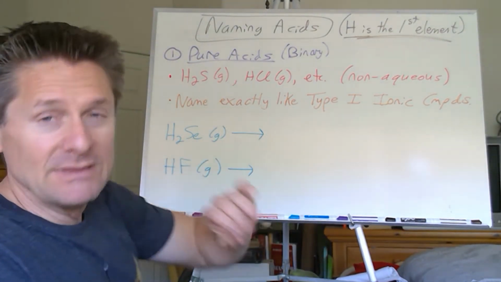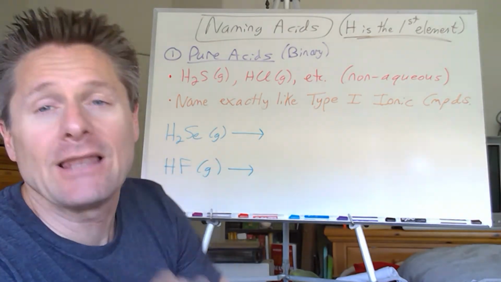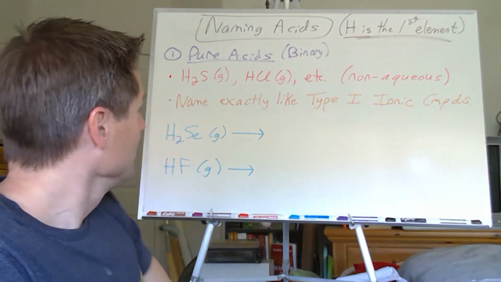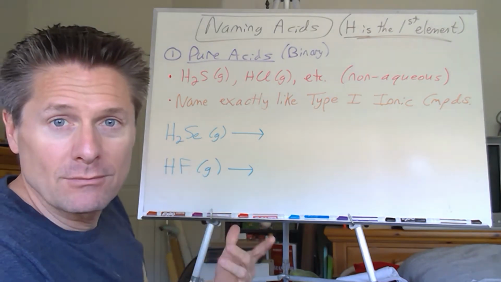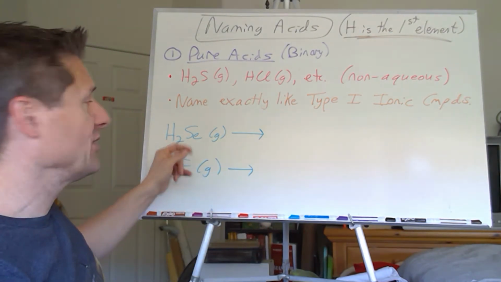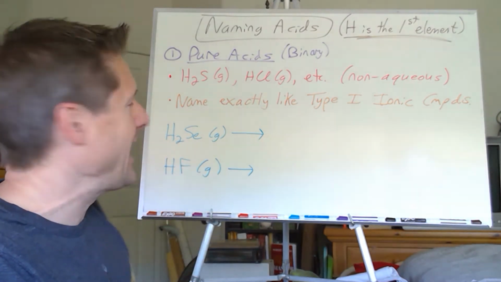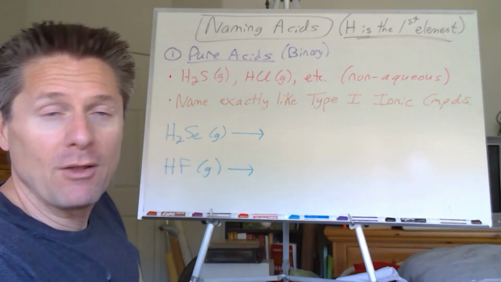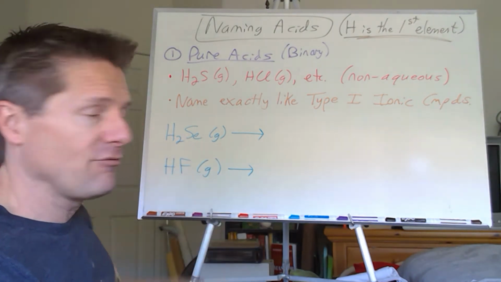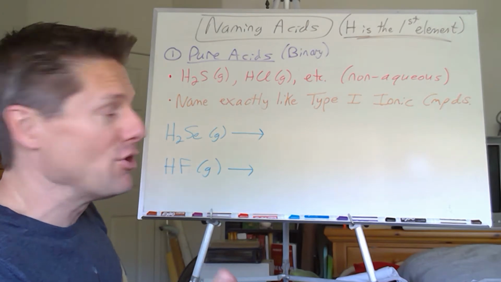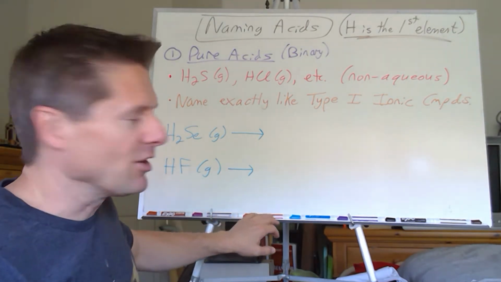We are going to name them literally exactly like we do type 1 ionic compounds. Even though it's a molecular compound, it's covalent, we're going to treat the hydrogen like an H plus cation, and then the non-metal here, the selenium and the fluoride, as if they were anions, even though they're not. We can fudge it a little bit there.